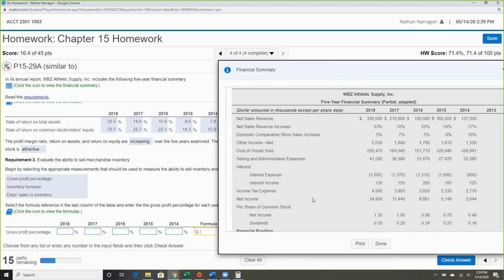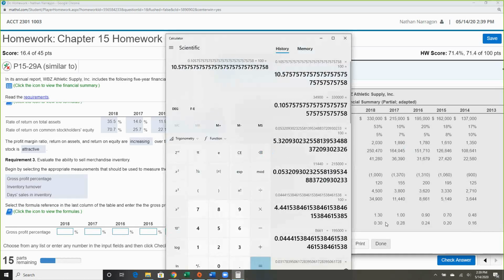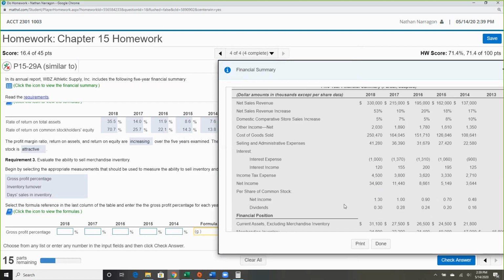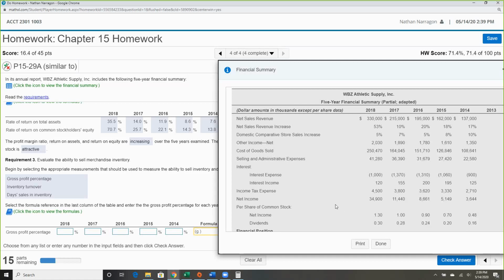Yeah. We may have to actually figure this out. So, remember, gross profit is your net sales minus your cost of goods sold. So it looks like we're going to have to do that first to figure out gross profit, because I do not see gross profit anywhere. So that one we'll have to figure out.